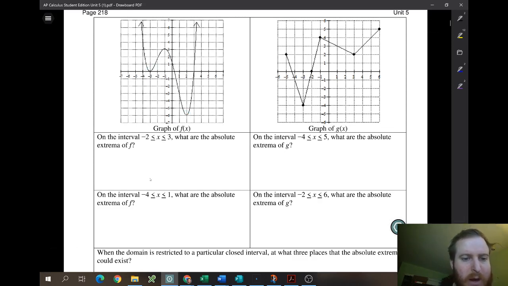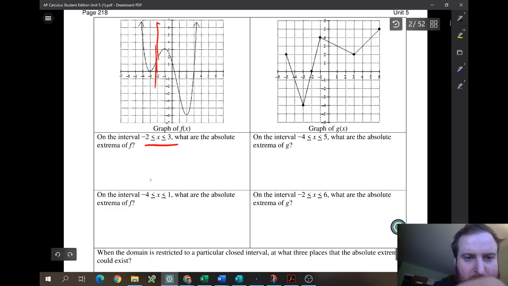So on the interval from -2 to 3, just between -2 and 3, we're now going to look at from -2 to 3. What are our relative extrema? Anytime I have a closed interval, I make an X and a Y chart.